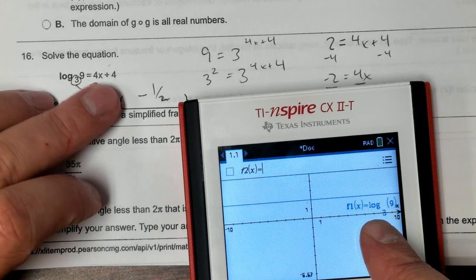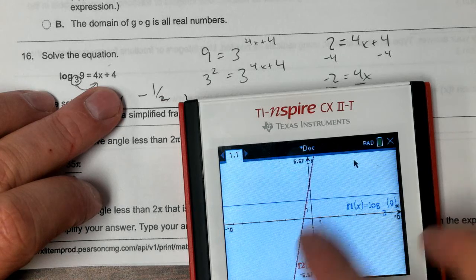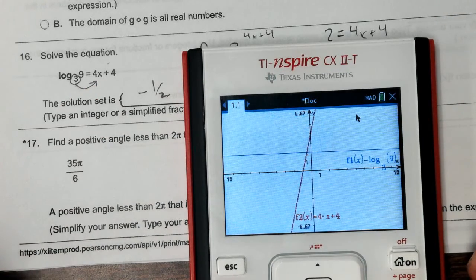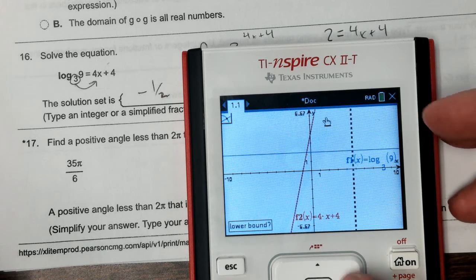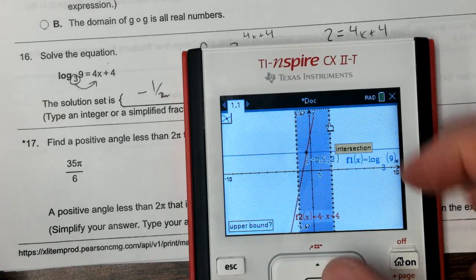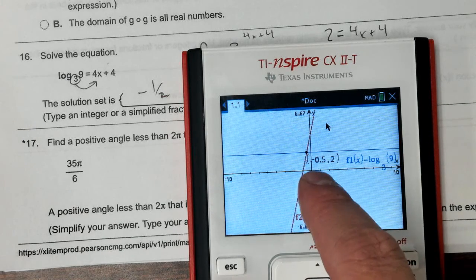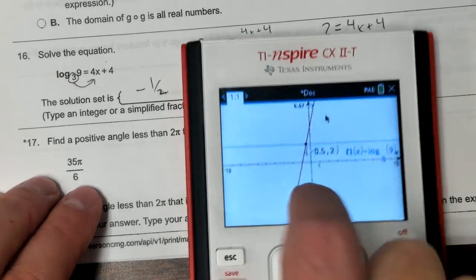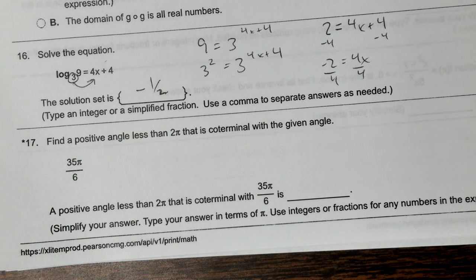And then the right side is 4x plus 4. And you want to see where they cross. So basically go to Menu, Analyze, Intersect between here and here. It's negative 0.5 comma 2, and you only take your x value, and the negative 0.5 has to change to a negative a half because it's a fraction, not a decimal.